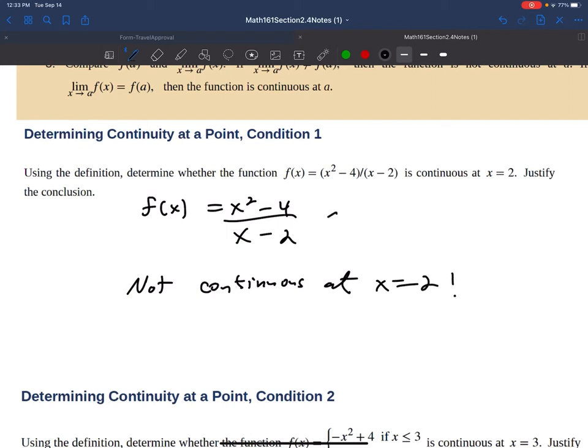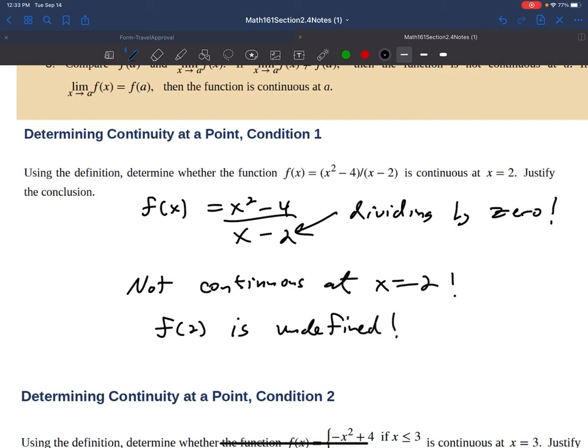Because if I stick in 2 for the denominator, I'm dividing by 0. So that implies that f of a, or f of 2, is undefined. F of 2 is undefined.